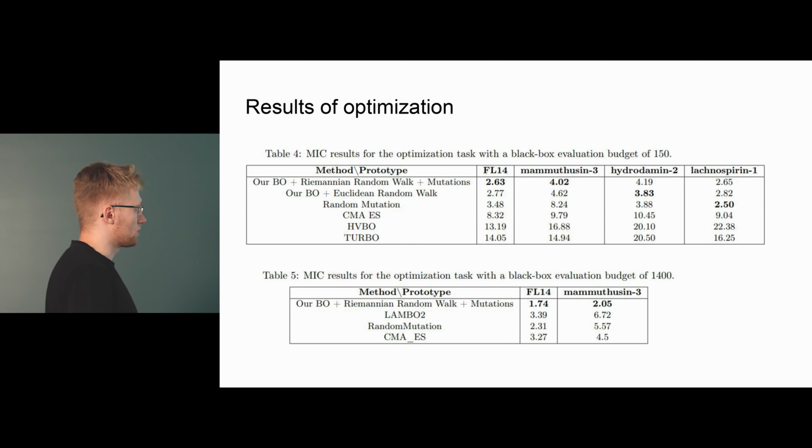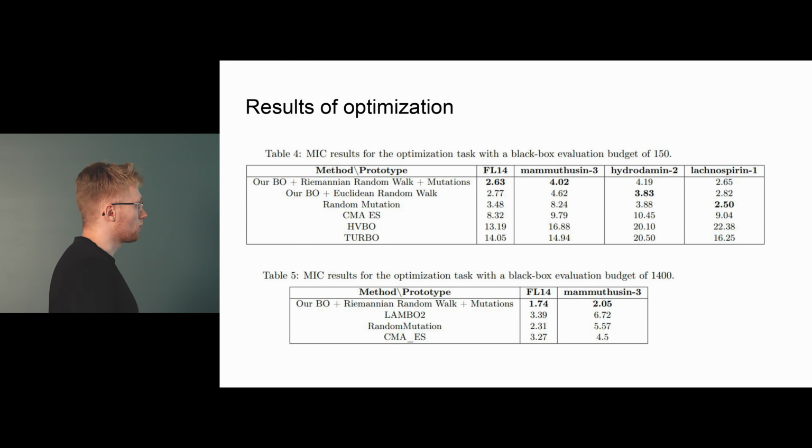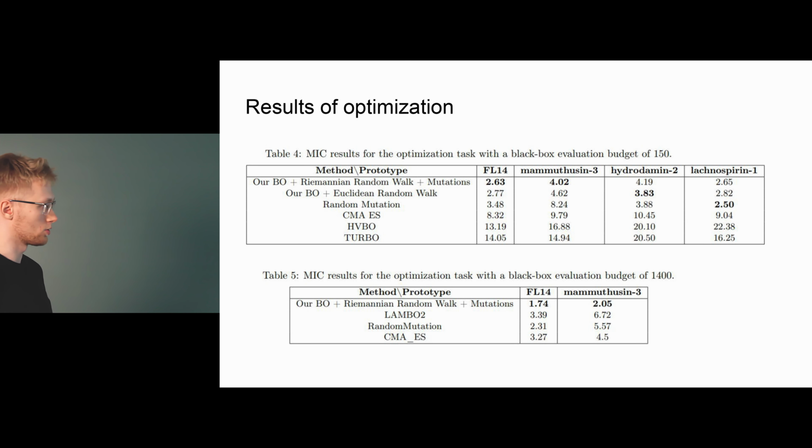And we compared this on antimicrobial activity. The lower, the better in our case. We are doing this against four starting peptides. The first peptide, FL14, happened to be from the BC technique which I was telling you about earlier. We have two tables in terms of evaluation budget, because we can compare this Bayesian optimization only in terms of evaluation budget, so calling this black box function oracle.